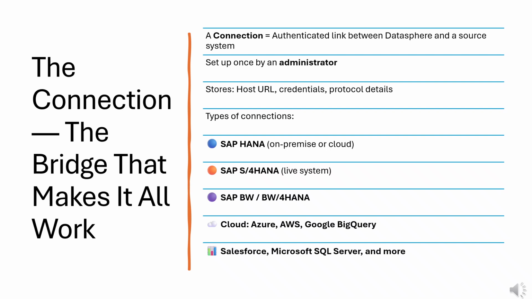Your admin usually sets it up: the host address, the username, the password, the protocol, everything. After that, everyone in Datasphere can use it to create remote tables from that system. Datasphere supports a wide range of connections, from SAP systems like S4HANA and BW, to cloud platforms like Azure and Google BigQuery, and external databases like SQL Server.